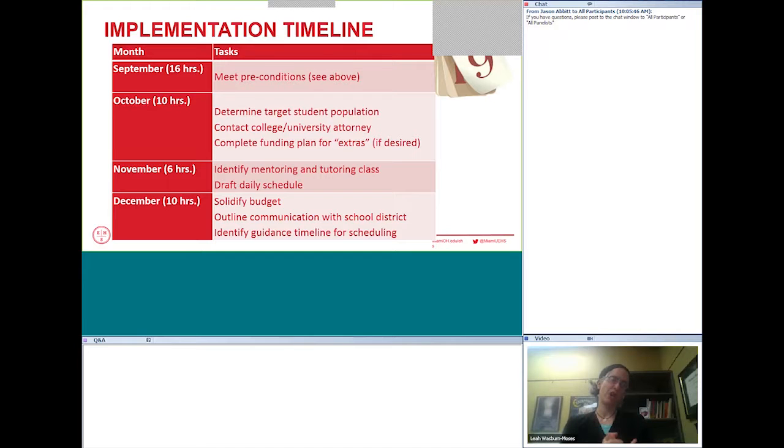But after talking with the school, they really wanted to target a population where they weren't getting any extra support, where they really didn't have any structure. They were failing. They weren't engaged in school. I mean, you all know who I'm talking about. It's this sort of big nebulous population.